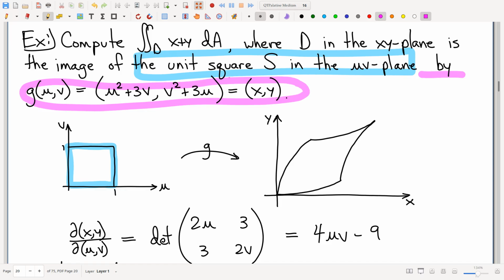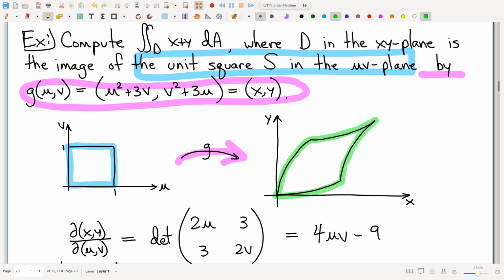That function gives you x and y as functions of u and v. That therefore is a function that goes that way. And now let's think through what happens if you take all of these blue points and you plug them into some function. Well, you're going to get some set in the xy plane as the output. That set in the xy plane happens to look something kind of like this.